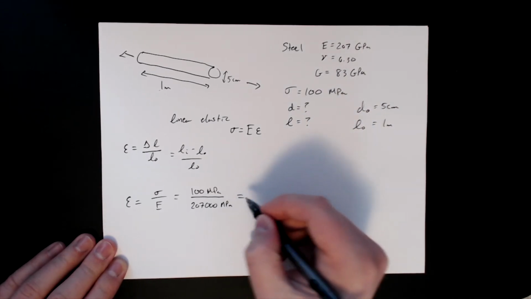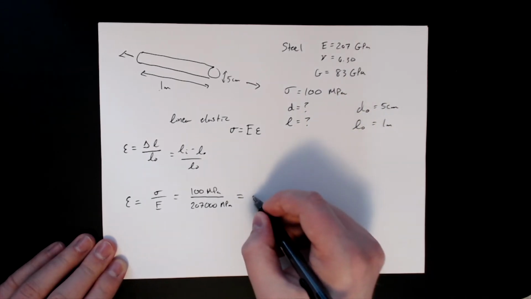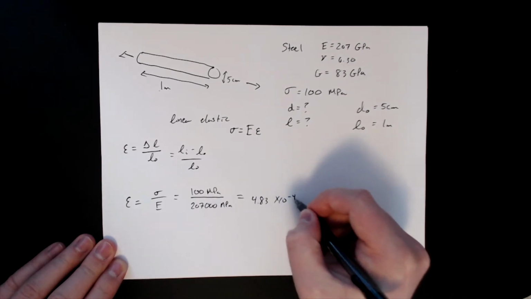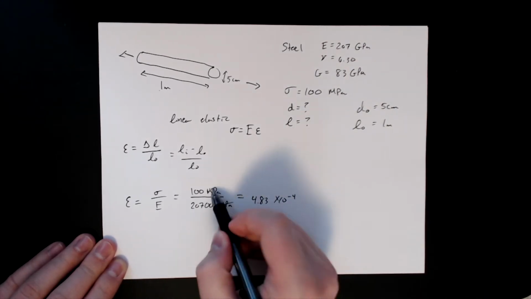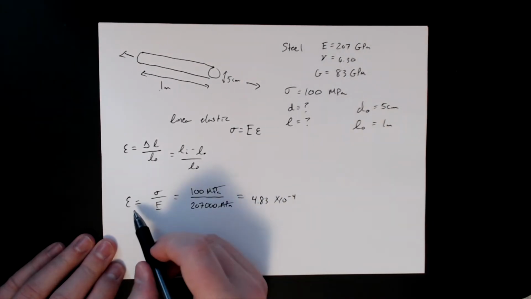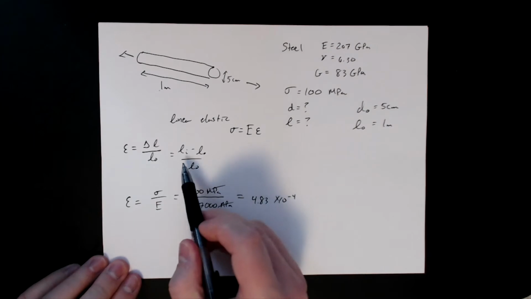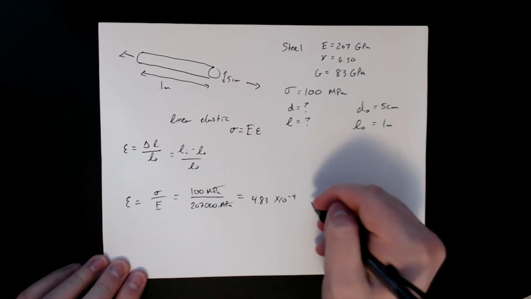And that value, if we calculate, is 4.83 times 10 to the minus 4. Again, these units cancel out, so it's unitless, as strain should be. Okay, and then we also know that strain is equal to that, right?